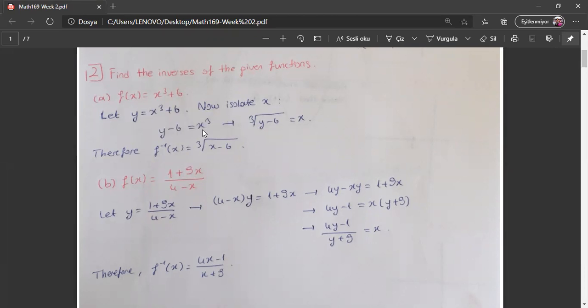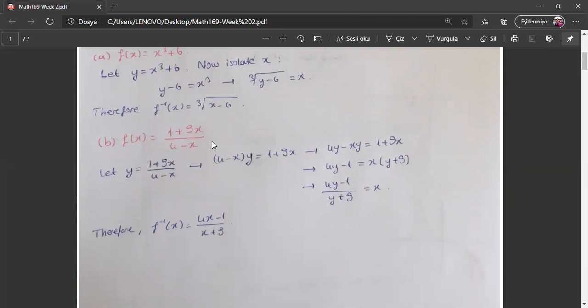Now if we isolate x, we obtain this equality. Now to write the inverse of the given function, we write x instead of y and write it as the inverse of the function. So we have this. Okay.